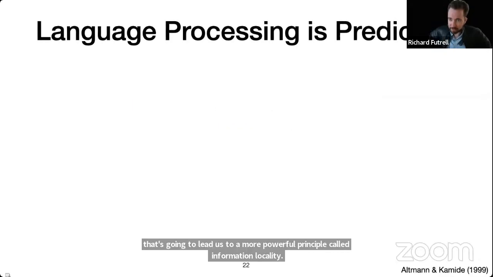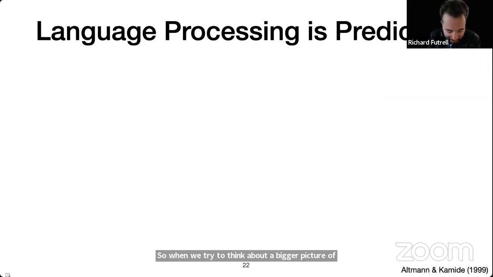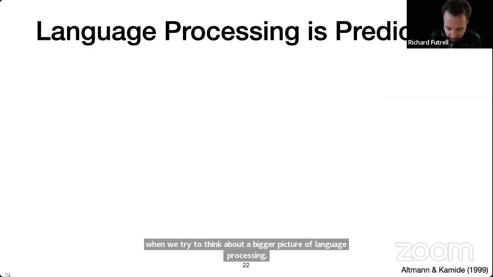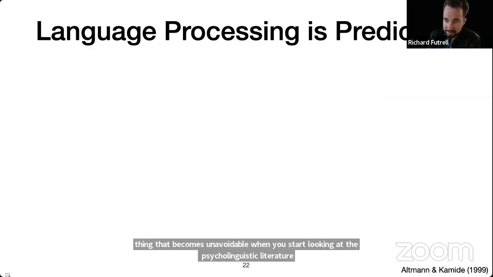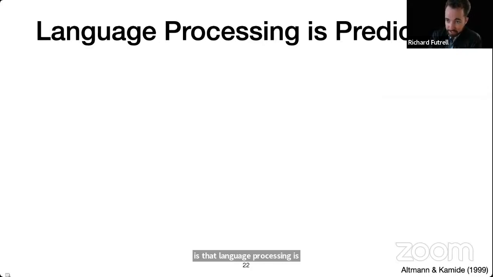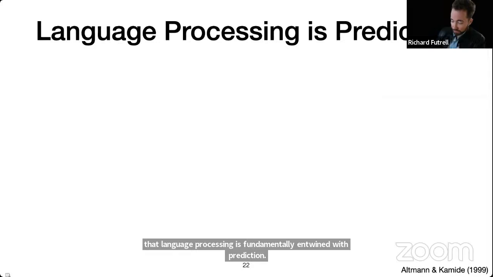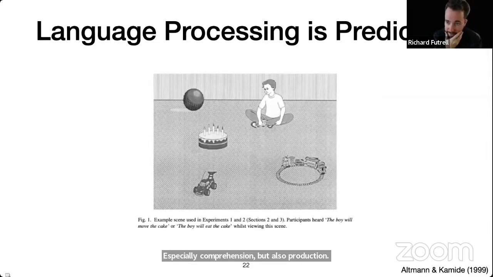So when we try to think about a bigger picture of language processing, the thing that becomes unavoidable when you start looking at the psycholinguistic literature is that language processing is fundamentally entwined with prediction, especially comprehension, but also production. So, for example, if you imagine looking at a scene like this, and then someone's telling you what's going on, someone might say something like, "The boy will eat the cake."